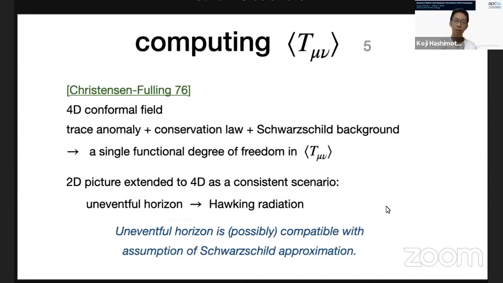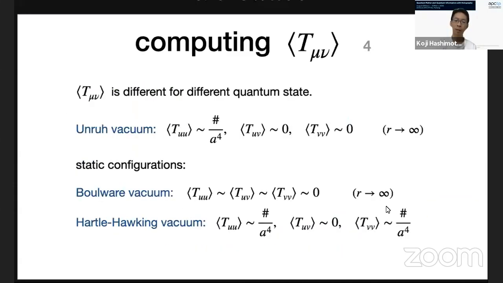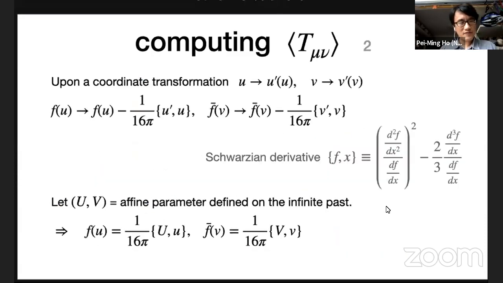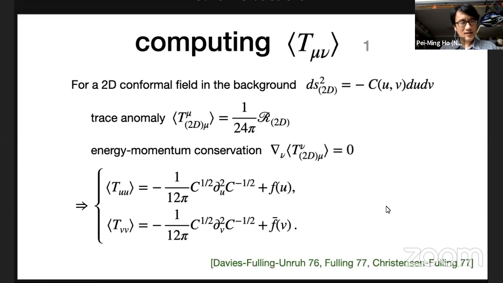I'm sorry. So what is the argument to find a firewall for this Boulware vacuum? What is the argument? It's just a result of the computation. So using the same formula, what happens is that you have two terms, right?